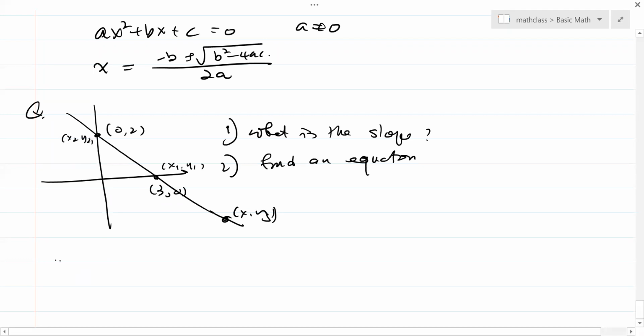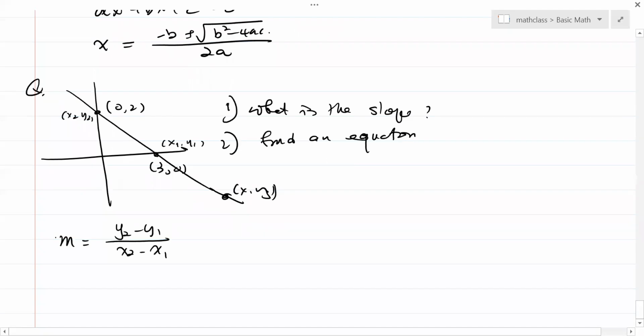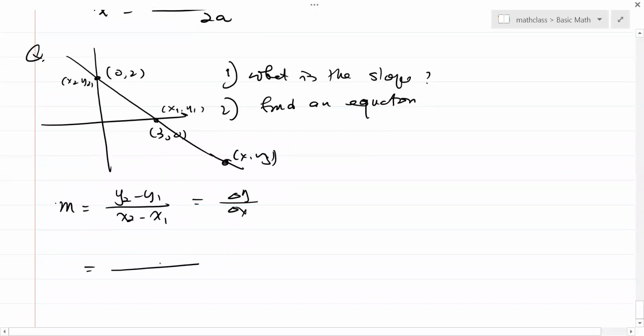The slope is the difference of the corresponding coordinates, which gives you the so-called delta y and delta x, the change in the y variable and the change in the x variable of the 2 points. So y2 is 2, y1 is 0, x2 is 0, and x1 is 3. The order is very important. It's going to be 2 over 3, a negative number.